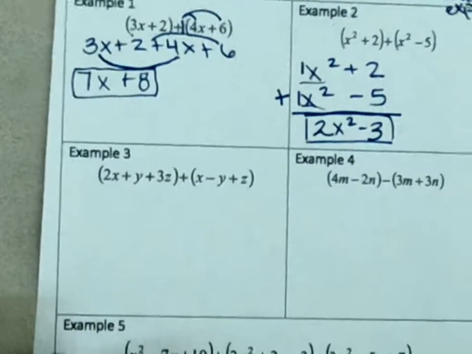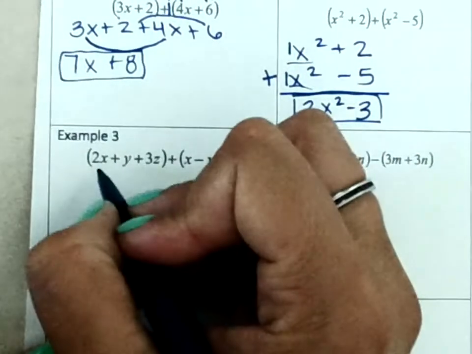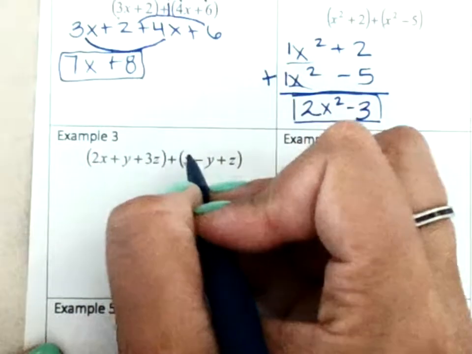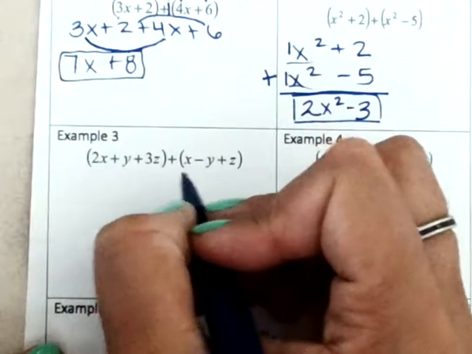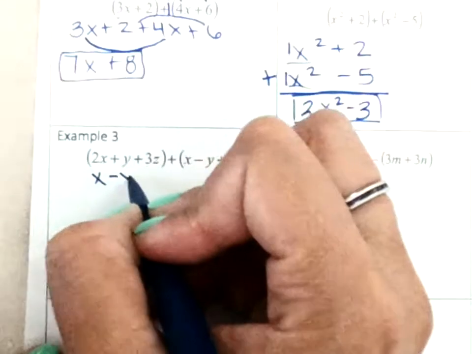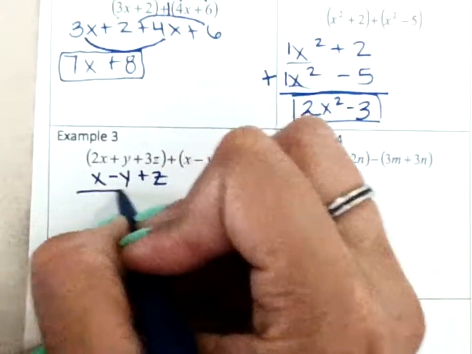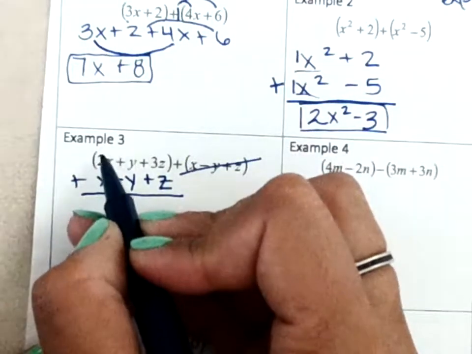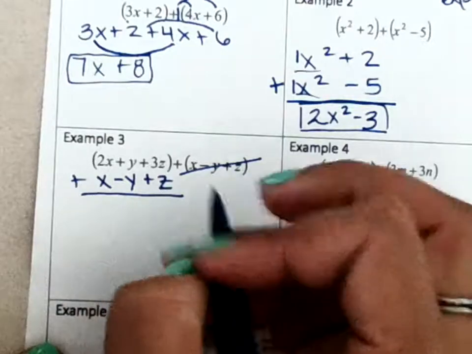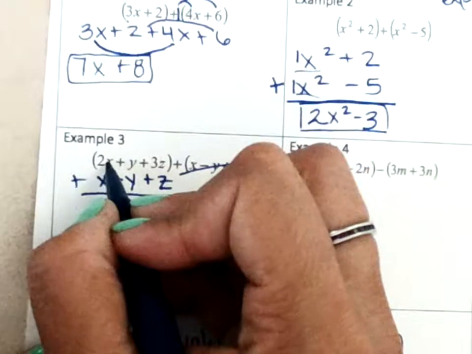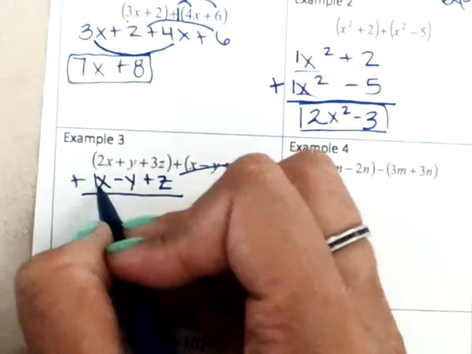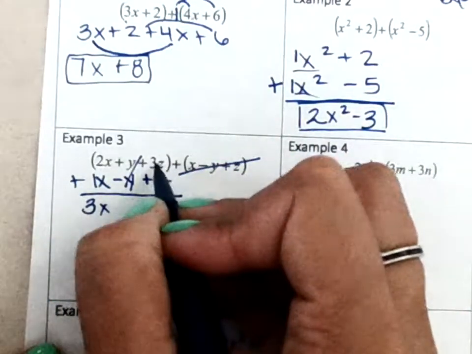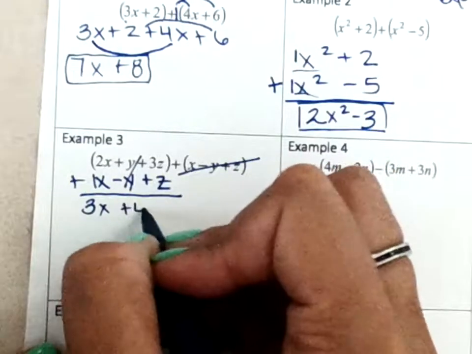In our third example, I'm going to solve it the same way. Because we have a positive, again, distributing the positive is not going to change anything. So I'm going to line up everything under the like terms. x is under x, y is under y, z is under z. 2x plus 1x is 3x. y take away y becomes 0. 3z plus 1z becomes 4z.